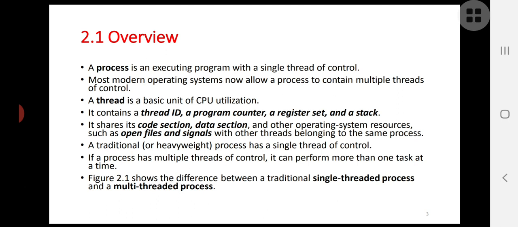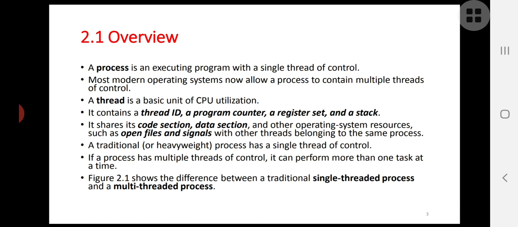So a thread contains a thread ID, a program counter, a set of registers and a stack. And the thread shares its code section, data section and some other operating system resources, files and signals, with other threads which belong to the same process.